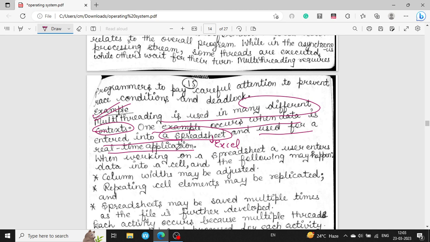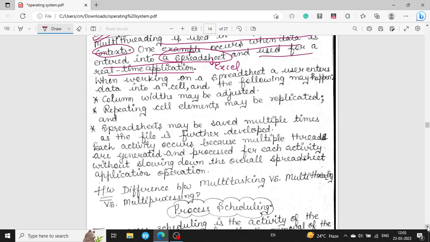When working on an Excel spreadsheet, a user enters data into a cell and the following may happen. Column width may be adjusted. Repeating cell elements may be replicated. Replicated means duplicated. And spreadsheets may be saved multiple times as the file is further developed.